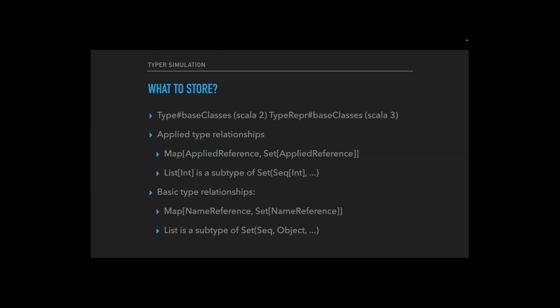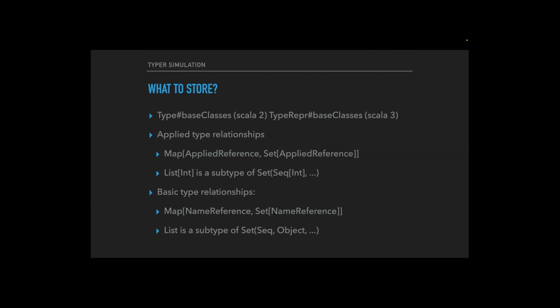And that is logical and it really makes sense. Though that's not enough. We also store relationships between types without their type parameters. So for a list, we remember that it's a subtype of sequence, iterable, etc., up to object.